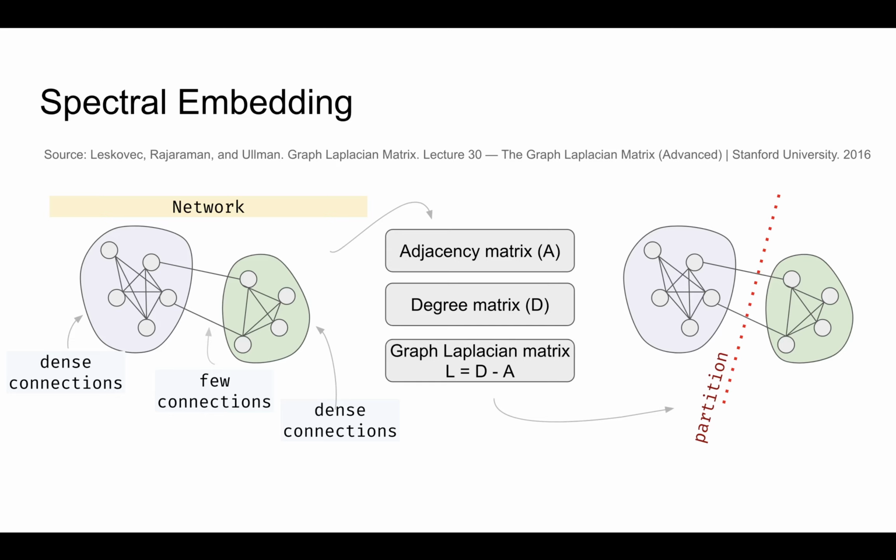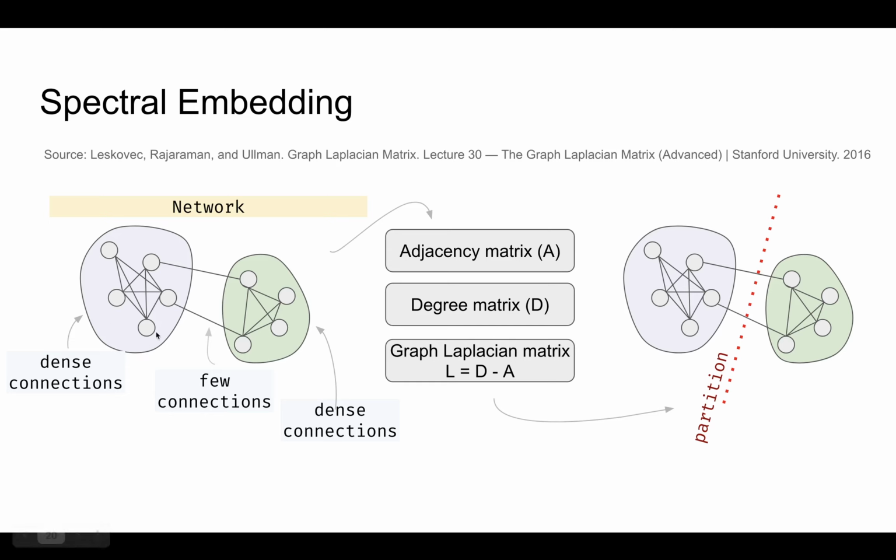Next is spectral embedding, and in spectral embedding, the idea is if we have these data points shown here by the gray circles, we can create a graph or a network by connecting these data points, and then based on the density of connections we can form clusters. We can identify the clusters or groups.